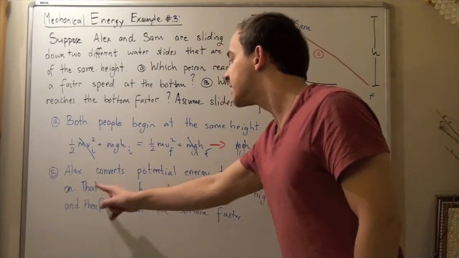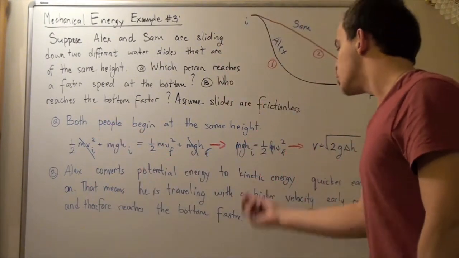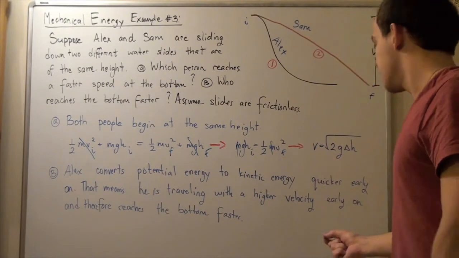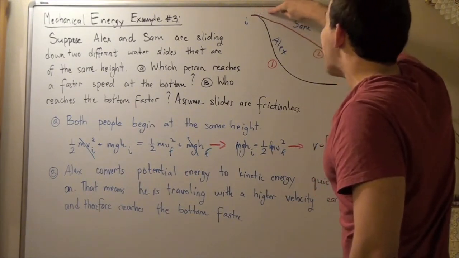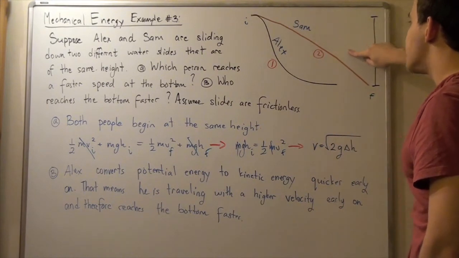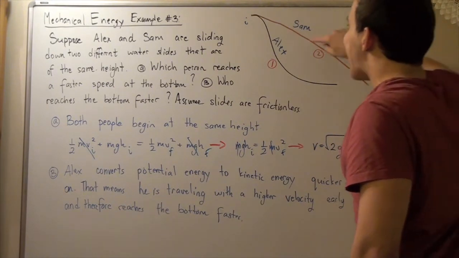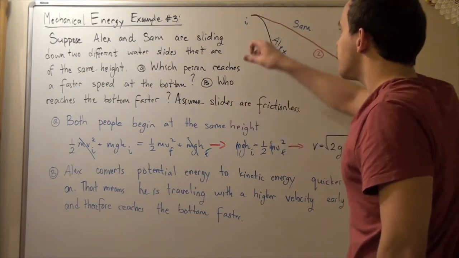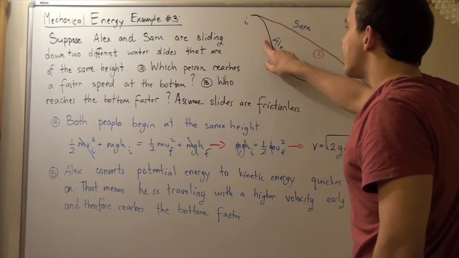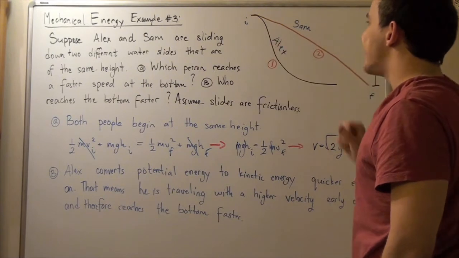Now, Alex converts potential energy to kinetic energy quicker early on. In other words, look, Sam gradually converts the potential energy into kinetic energy, while Alex really quickly converts his potential energy to kinetic energy.